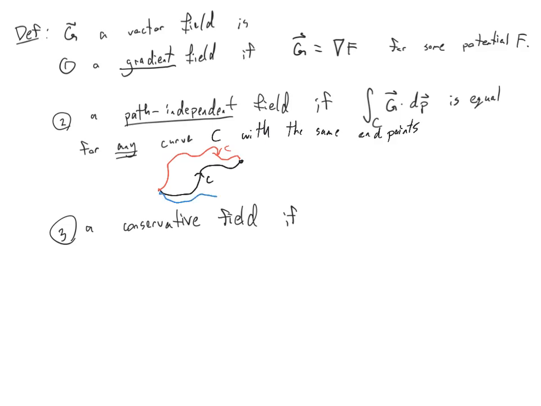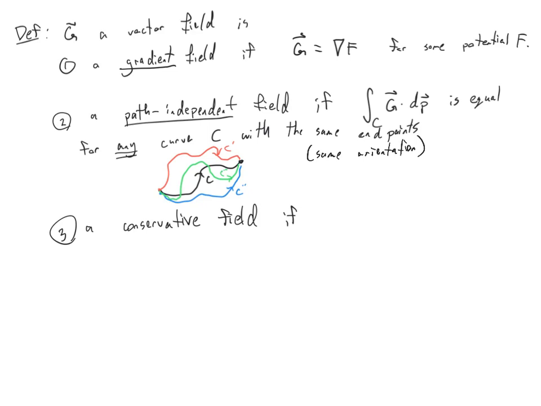Maybe this is C prime, this is C double prime, C triple prime, like several options for C. The orientation of C is fixed, so whichever endpoint is a and whichever endpoint is b, those are the same for these different integrals.